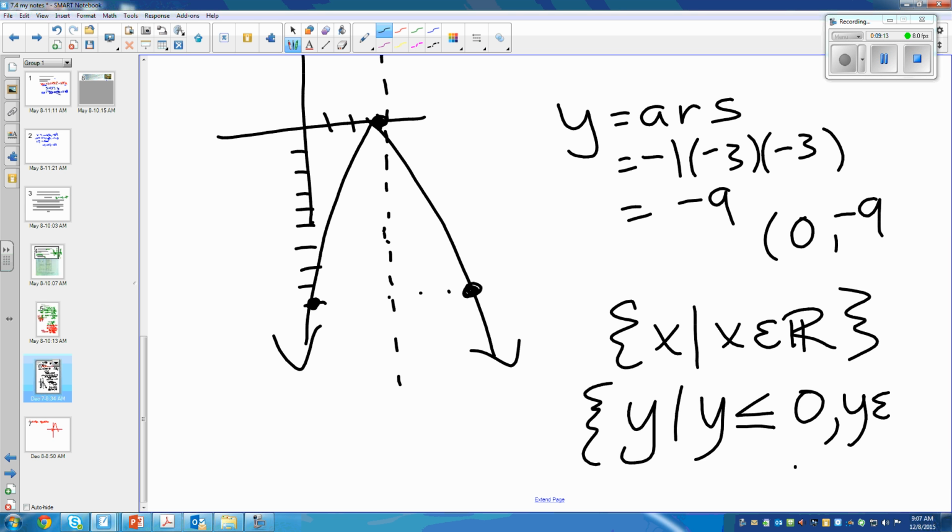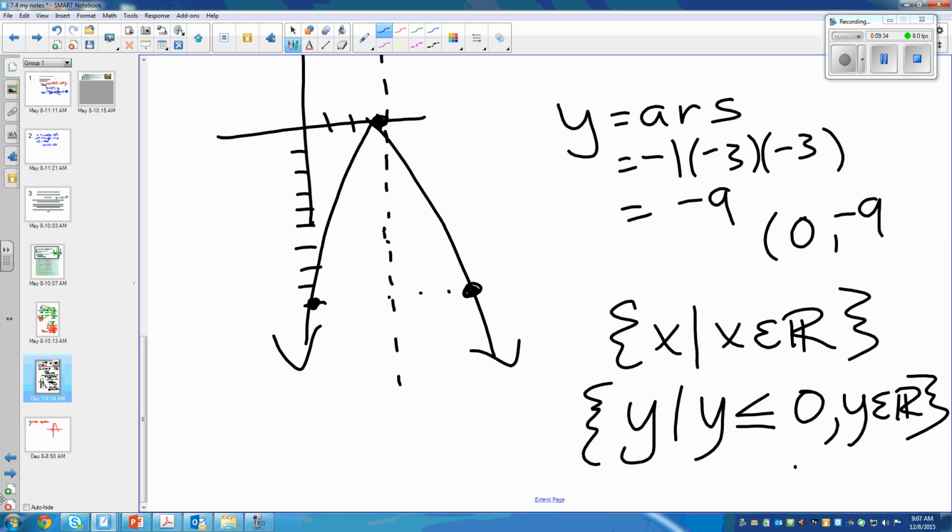Y is an element of the reals. Okay. Sometimes we throw old school stuff in. We throw domain, we throw range, we throw old standard finding that y-intercept in, right? Just because we learned it last week doesn't mean you can't bring it back, right?